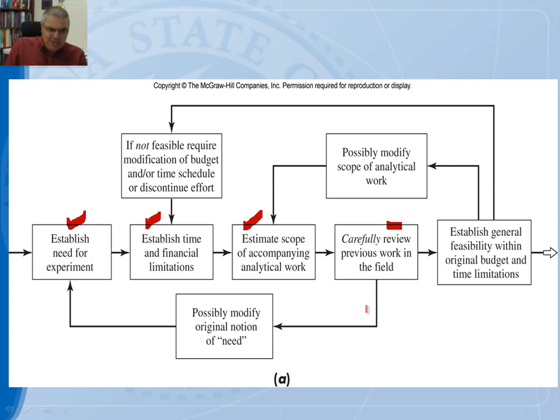Many projects that you would submit, the professor would ask you to do the literature work. For the senior design project, this is extremely important. We ask you to do a thorough literature search for this particular reason: for you to know what's out there and carefully review the previous work.